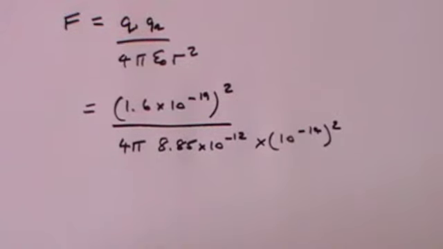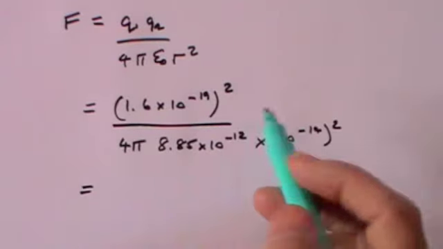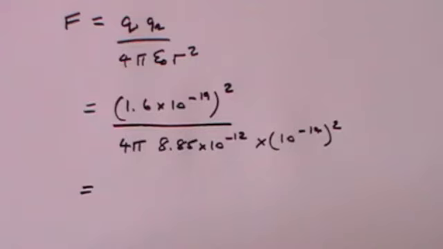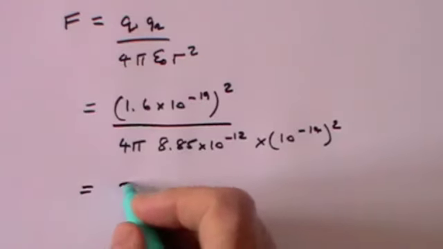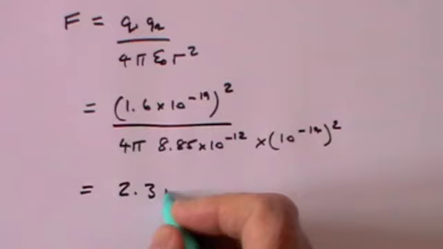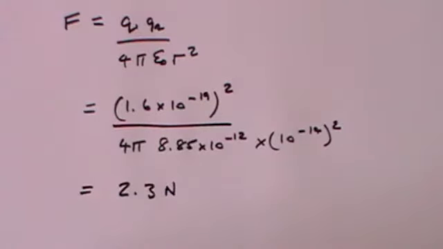The most difficult thing here is to keep track of all the 10 to the minuses, and that comes to 2.3 newtons. So that's the force between two protons, and of course it will be a repulsive force because they are like charges, so they're going to repel.